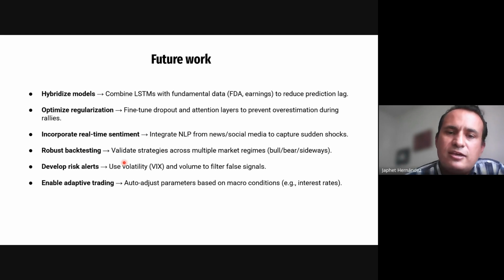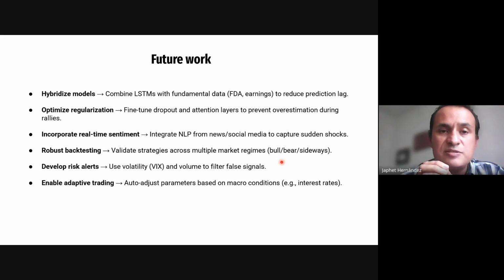Also, something that must be worked on is backtesting in a robust manner, so this can be applied through multiple market regions. At this very moment, this model is tailor-made for this company, so it is important to validate the strategies to make them more generalistic.